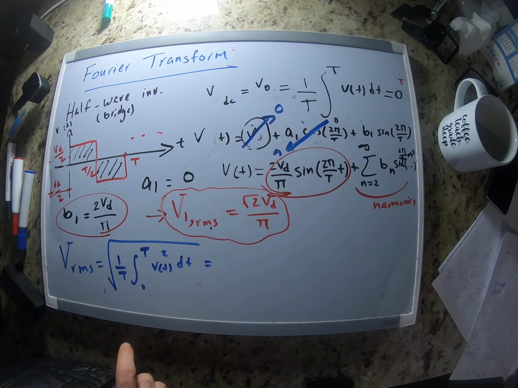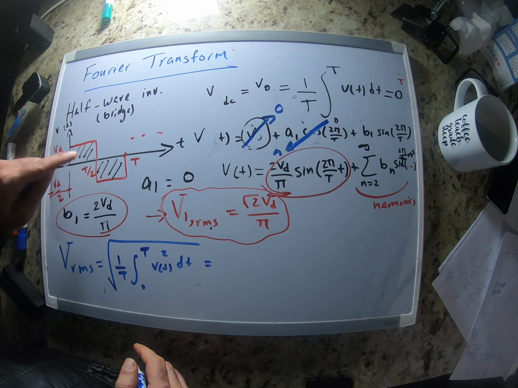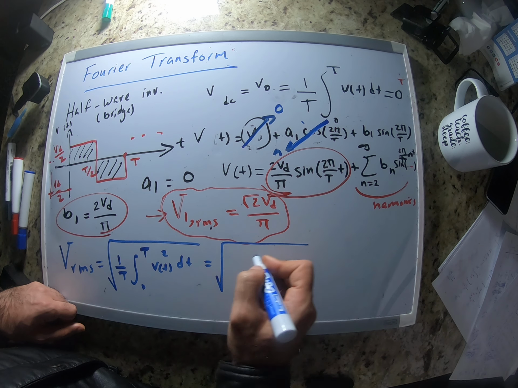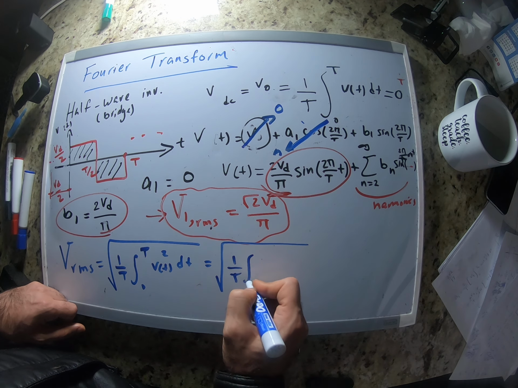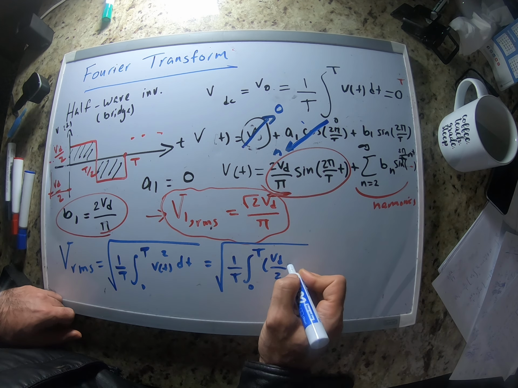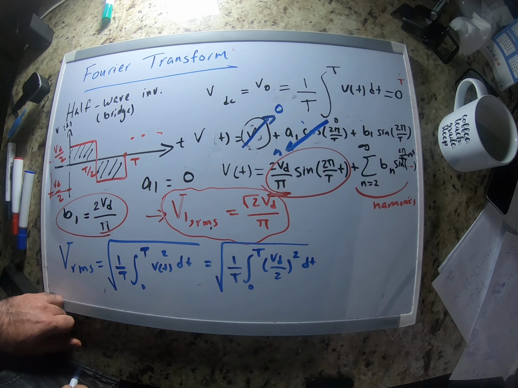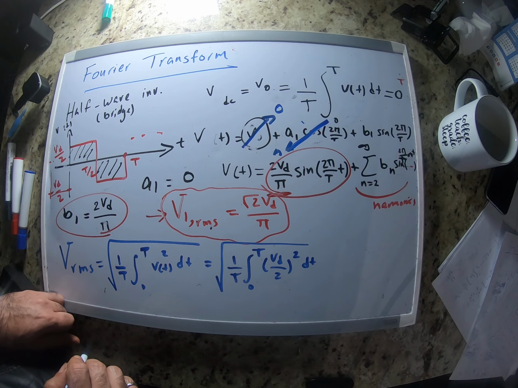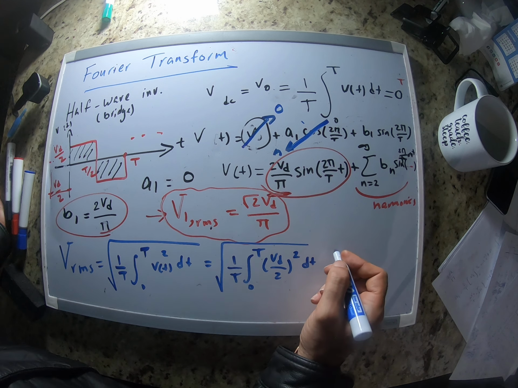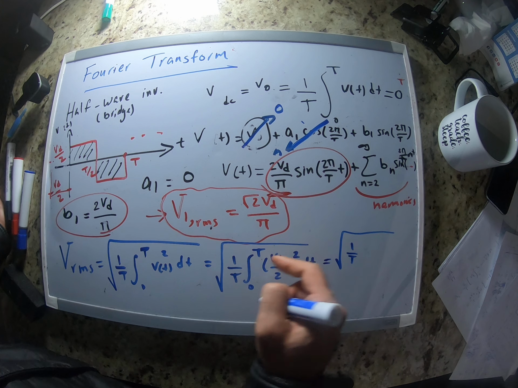If I raise this to power 2, it's the same as this one, so it's very easy to calculate. It's going to be 1 over T integral from 0 to T of (Vd over 2) squared dt. Because it's constant, it's easy to calculate its RMS value.